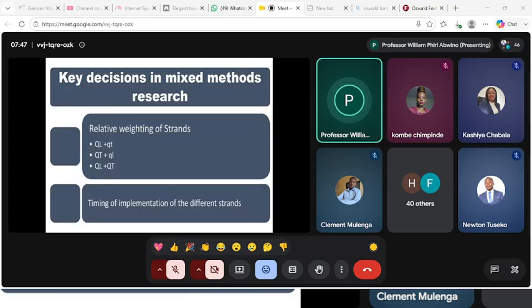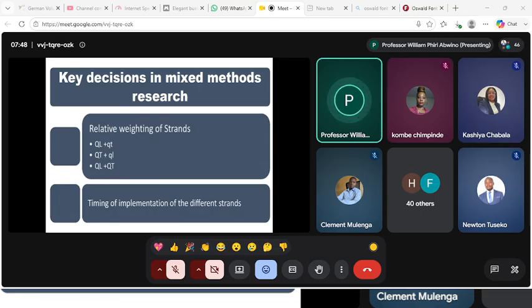So, key decisions in mixed methods research: relative weighting of strands. Okay, so you have the qualitative plus the quantitative, or the quantitative and the qualitative, or both.